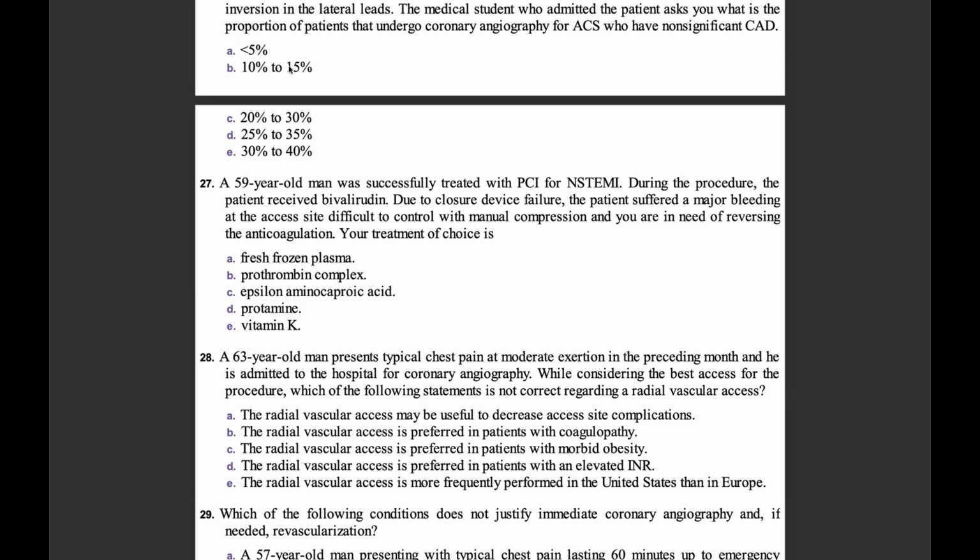That's why I'm going for this. It's not ordinarily from my research. I thought FFP is supposed to be the answer, but it's still the same explanation given for FFP that they also give for prothrombin complex. However, there was a study done by some persons where they found that prothrombin complex is useful in patients with bivalirudin toxicity. That's why I decided to go with that.